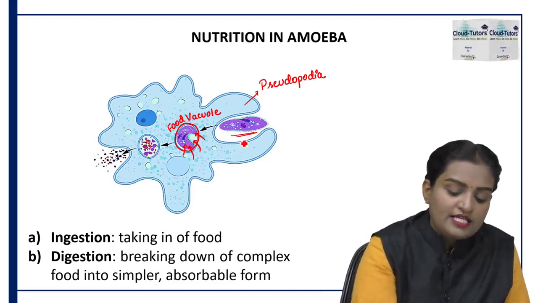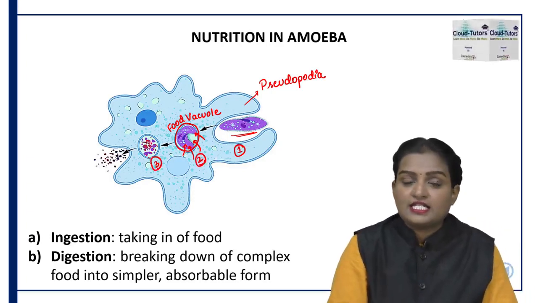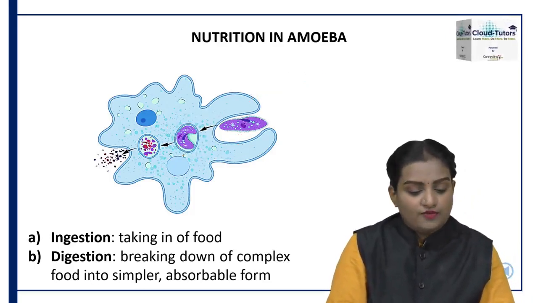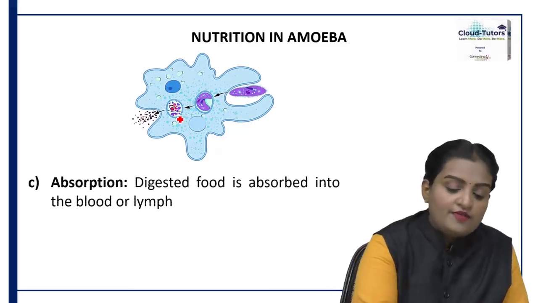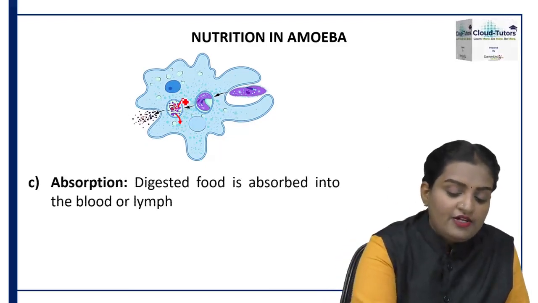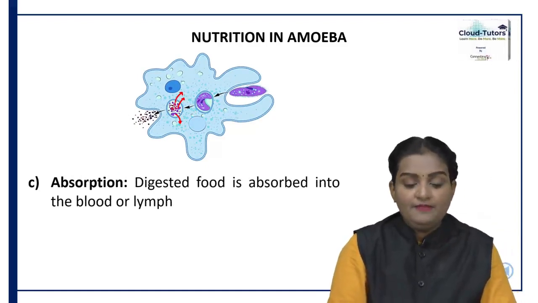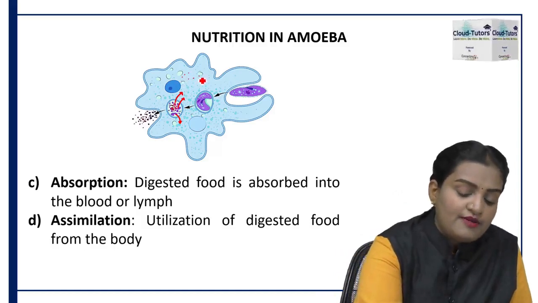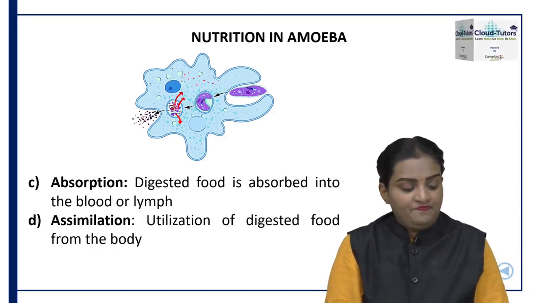Here, the digestion has occurred and the food has broken down into smaller molecules. Third step is absorption. Whatever molecule was digested will be absorbed into the organism's body. Fourth step is assimilation. It will be used up by other cell organelles or cell structures for activity.